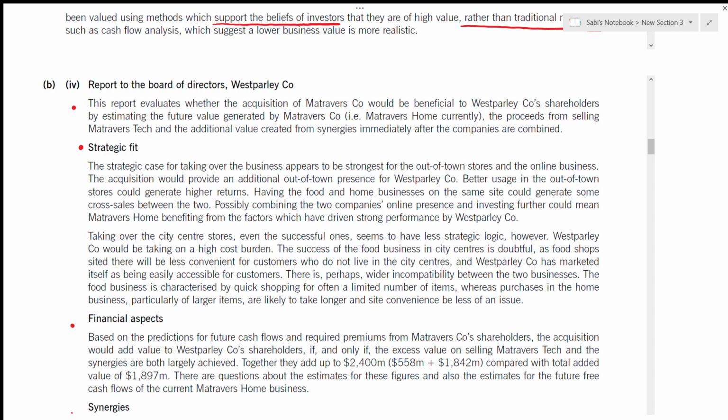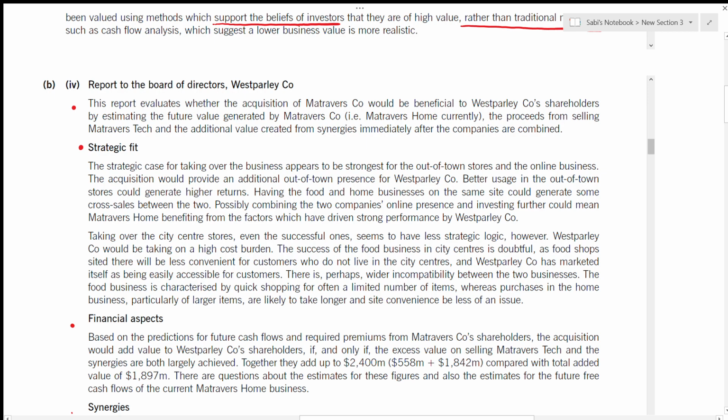So the strategic case for taking over the business appears to be the strongest for the out of town stores and the online business. Okay, the acquisition would provide an additional out of town presence for West Pale. This is all they have taken from the case, and it's your judgment how you use it, whether you fit it's a strategic fit or not, right? But just read the answer in case how it is presented. So better usage in the out of town stores could generate higher returns.